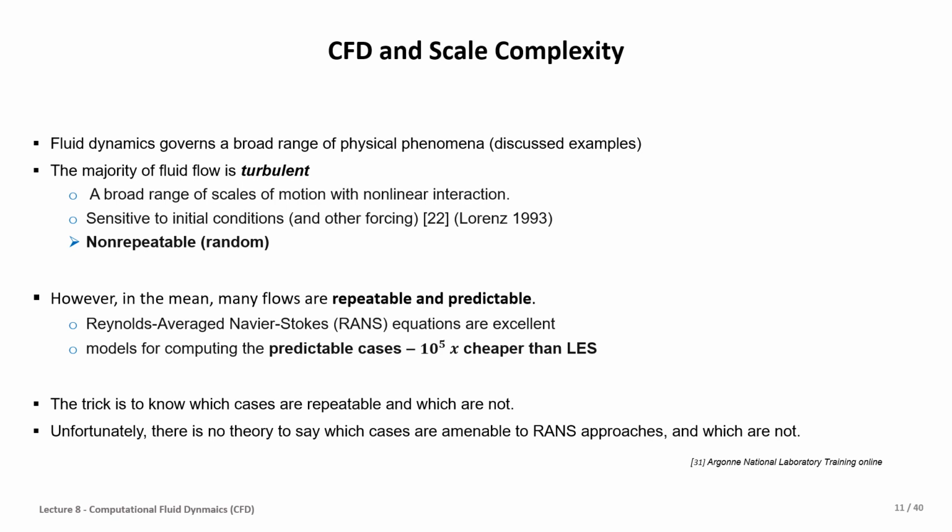As we said, the majority of flow is turbulent. In turbulent flow, because of the different behavior than the laminar regime, we are dealing with different scales of elements of the flow. We call them eddies or coherent structures.